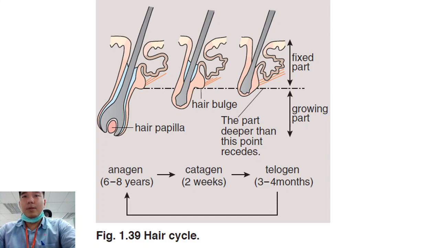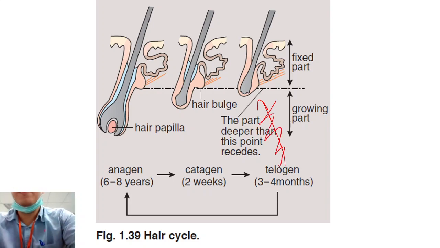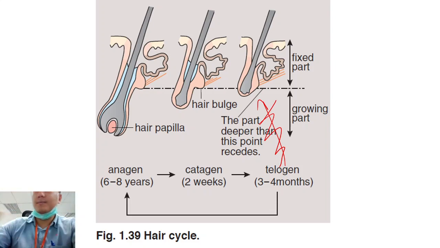So the hair cycle goes anagen, catagen, telogen, and then it reverts back to anagen when the telogen dies. The upper one is not telogen, it's not the same thing. It just shows that hair actually grows from the outside to the inside. So there is a thick part and a growing part.